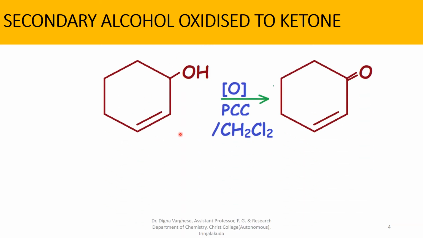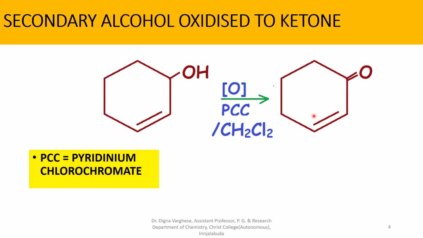In this method, we can use secondary alcohol. It is cyclohexanol, which undergoes oxidation reaction using PCC in dichloromethane. It will form cyclohexanone. PCC is pyridinium chlorochromate, that is, chromium trioxide forms complex with pyridine.